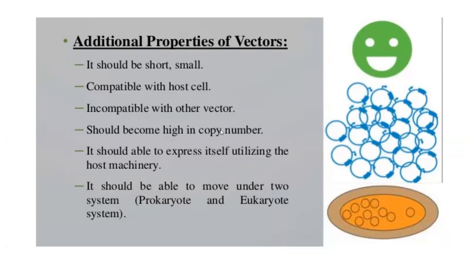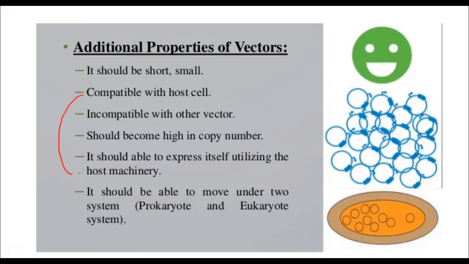It should be high copy in number. Means what? Your vector should be able to multiply and give you more copies. Okay. It should be able to express itself utilizing the host machinery. So that is what compatibility is all about. The host cell should allow this inserted foreign DNA along with the vector to express itself, means to carry out transcription and translation.